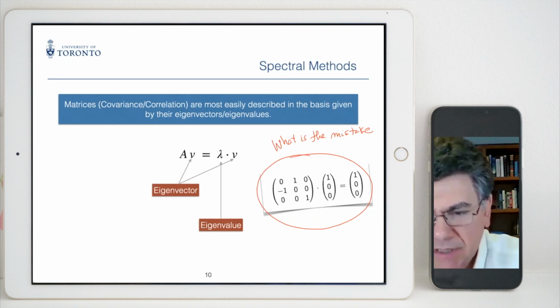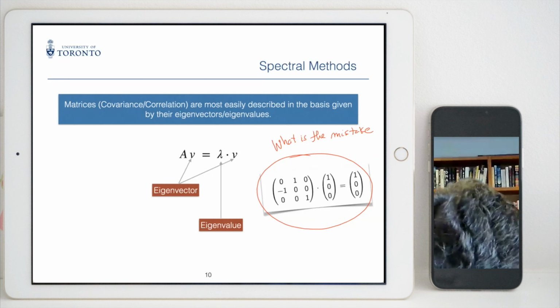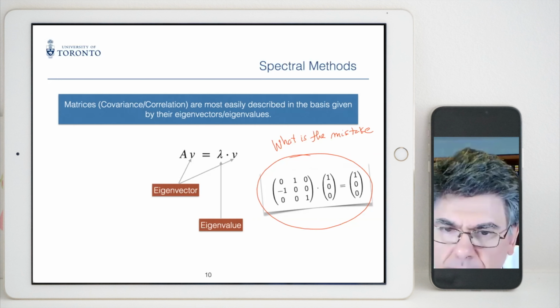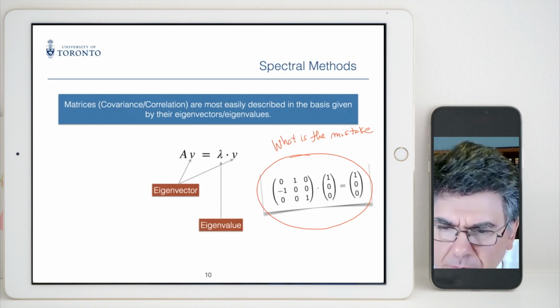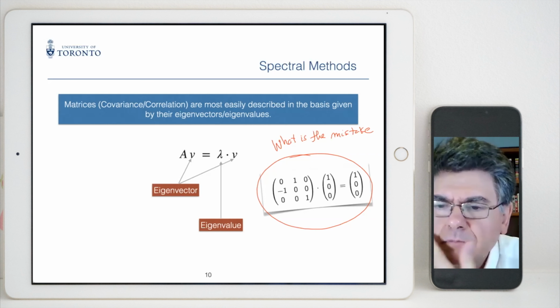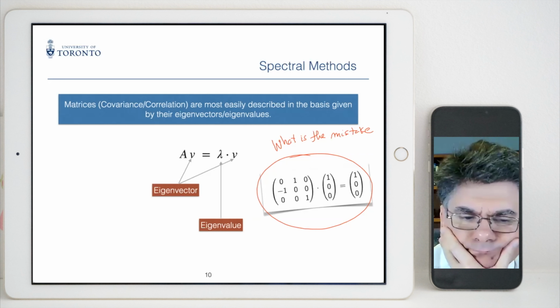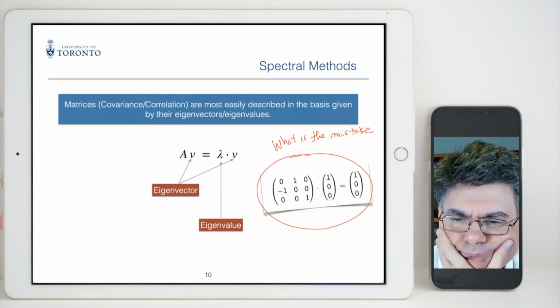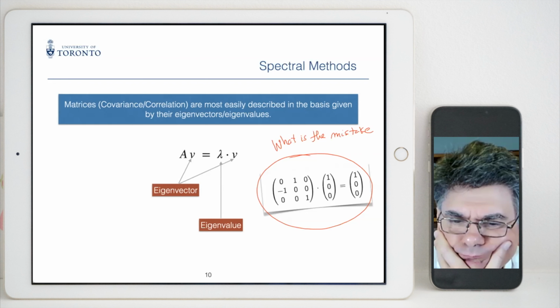What's the mistake? Who can see a mistake? Zero minus 1, 0.